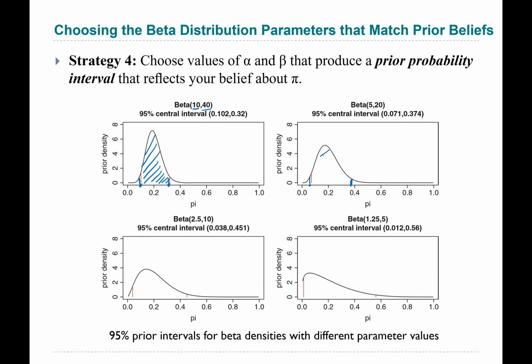This one is a wider interval, and this one is wider still. For all of them, you believe the value is between these two values with 95% probability. So you need to select the one that matches your beliefs.